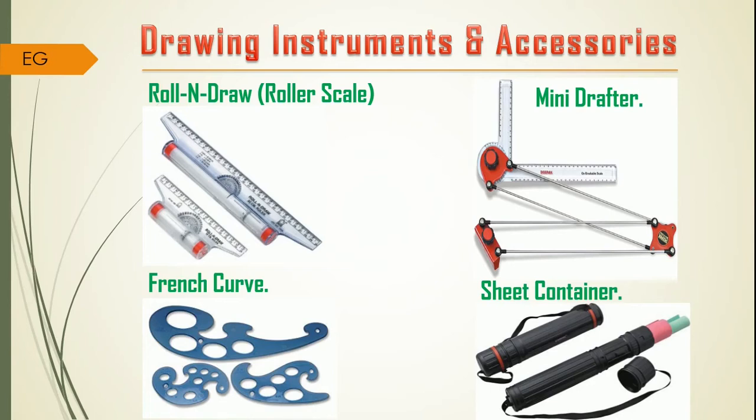Just below it, you find the French curve. The French curve has an irregular shape, and it is used for drawing curves which cannot be drawn by means of your compass or your rounder.